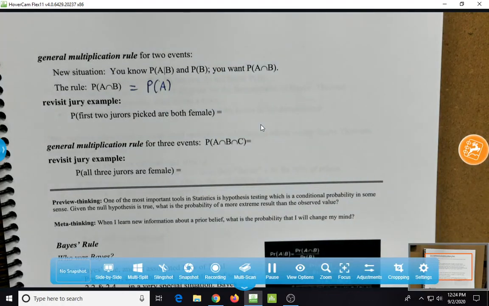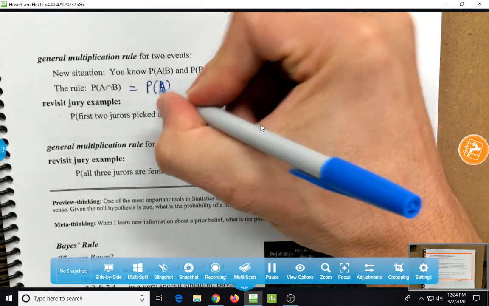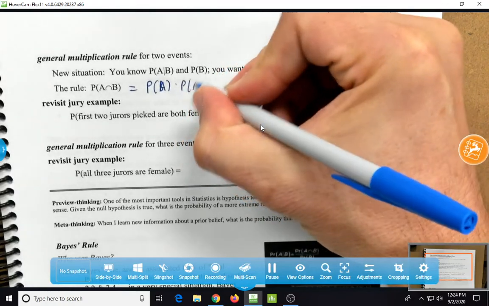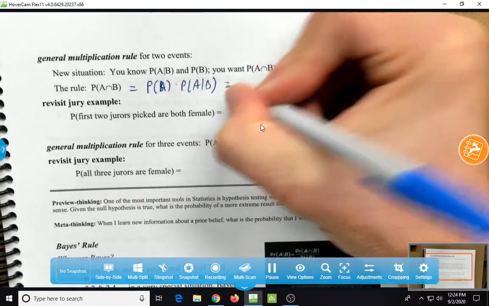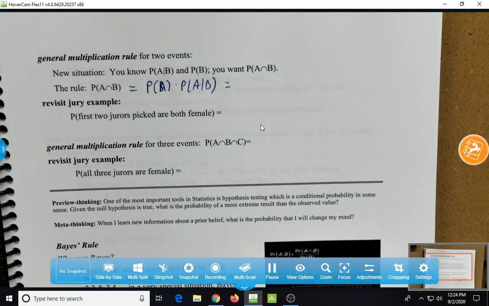I wrote the probability of B times the probability of A given B. What's another way that I could write this?